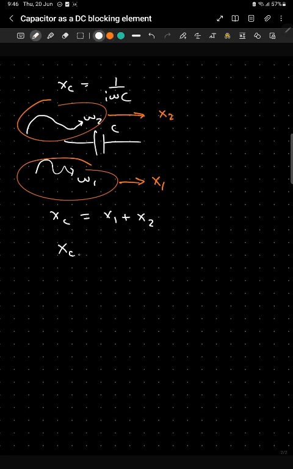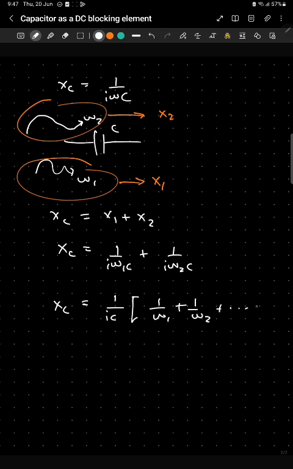So since it's the sum of both of these, we can just write them like the following. This means that if we had even more waves exciting our capacitor, we can just write it as follows, one by one. So if there were n number of frequencies, right?